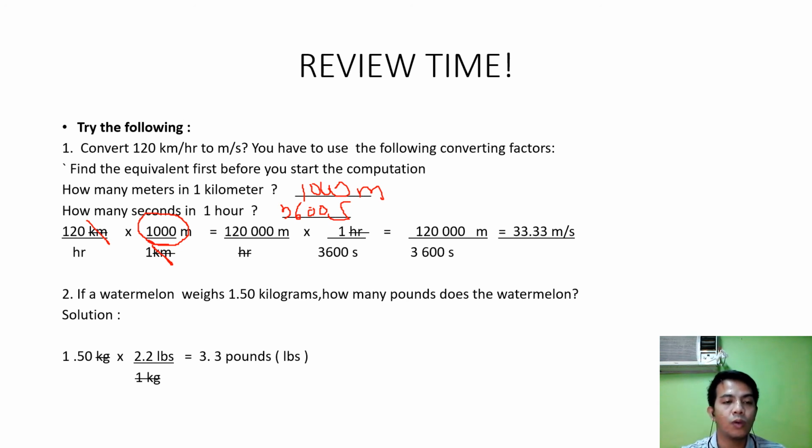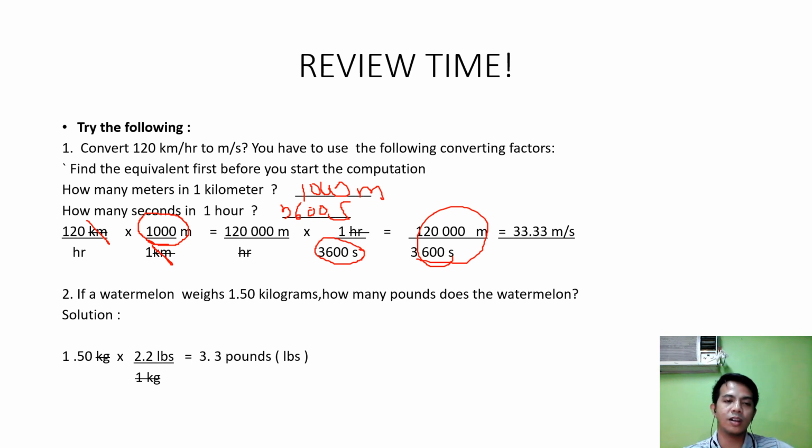So 120 multiplied by 1,000 is equal to 120,000 meters. So we are done with the meter. Now let's proceed to hour. So 1 hour is equal to 3,600 seconds. Then 120,000 divided by 3,600 seconds is equal to 33.33 meters per second.